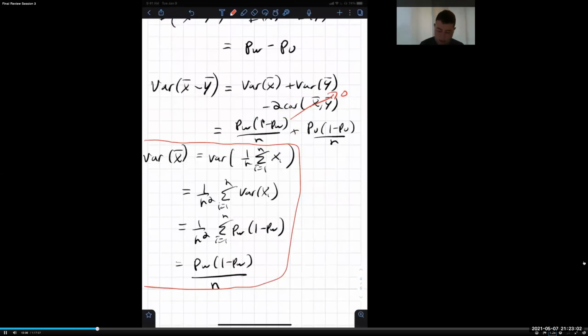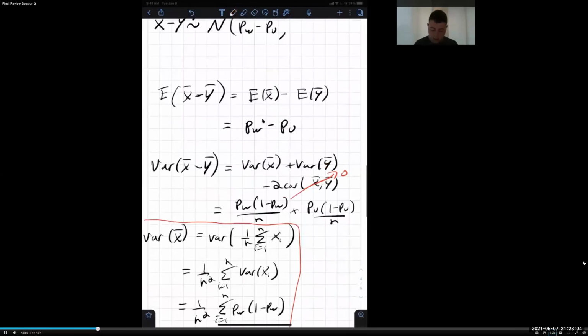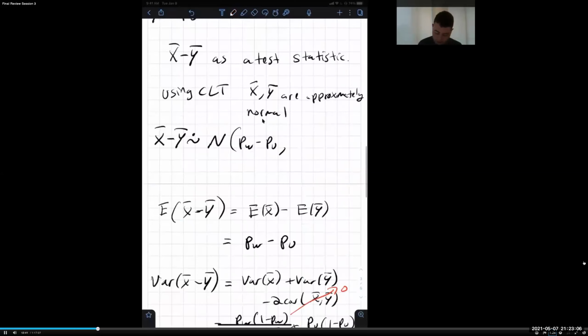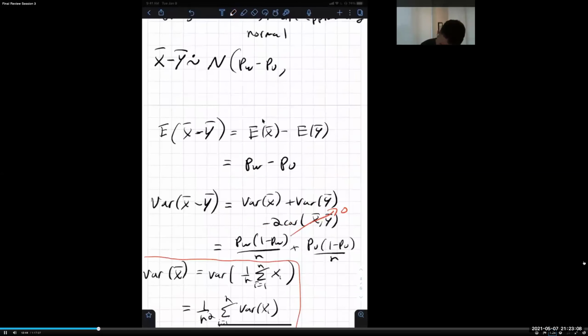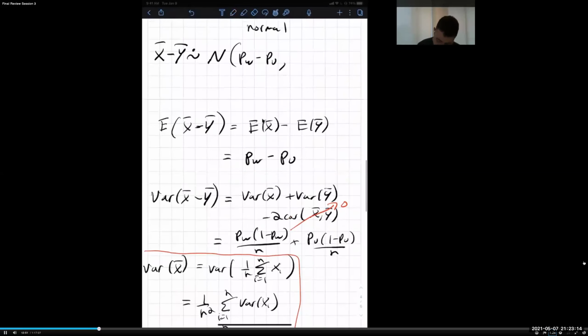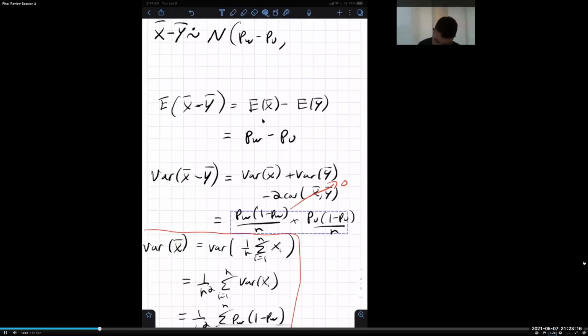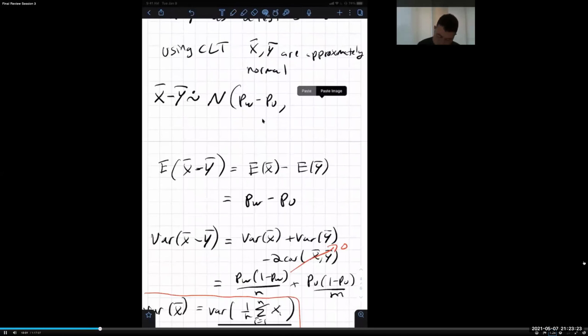So now we can see essentially what the distribution of x bar is. That's supposed to be an m. And so now we have essentially the complete distribution of x bar minus y bar.